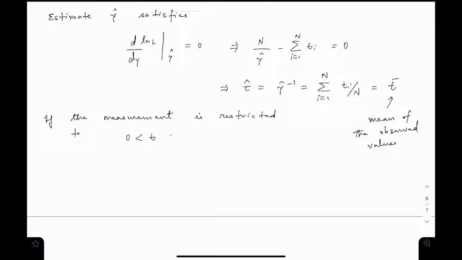The probability distribution function changes and it has to be renormalized. So f of t given gamma changes.